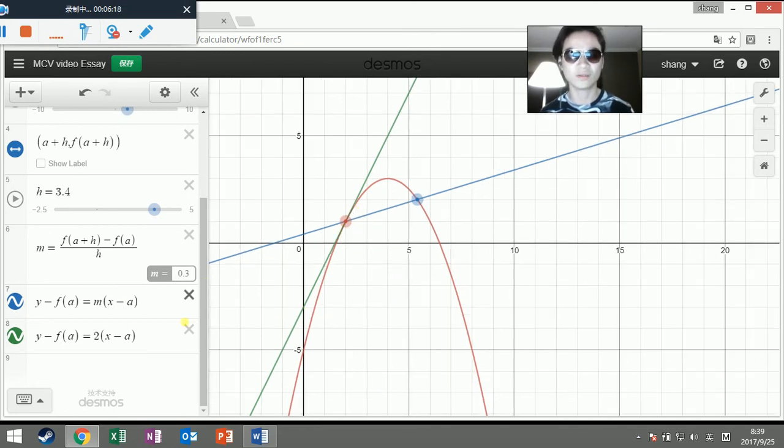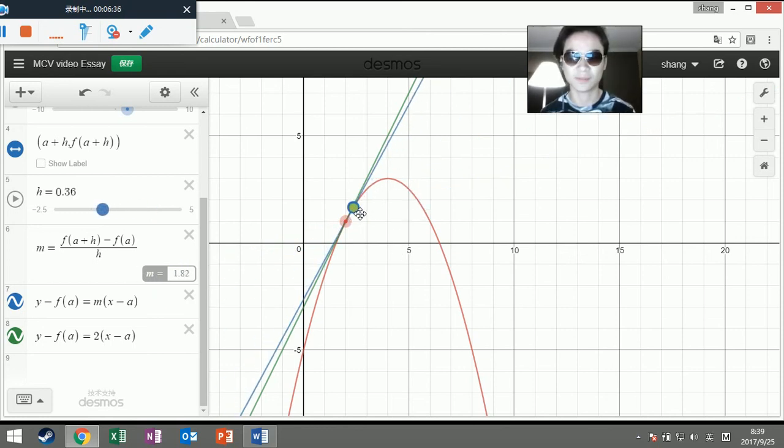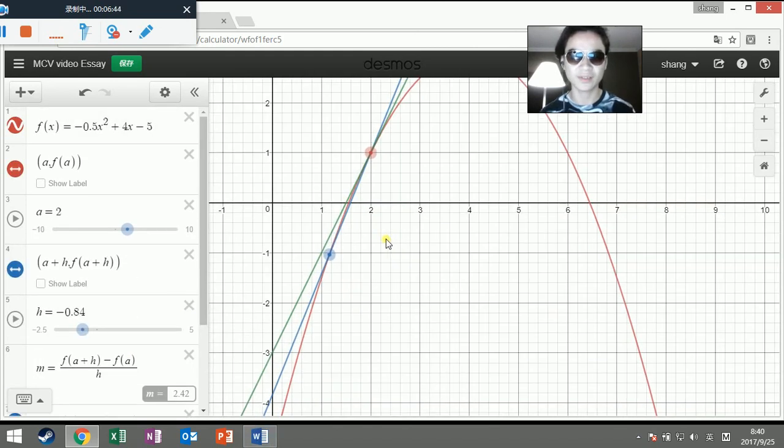When the function cannot find the distance between these two points, we use the tangent line, and we use the limit rule. That is the rate of change.